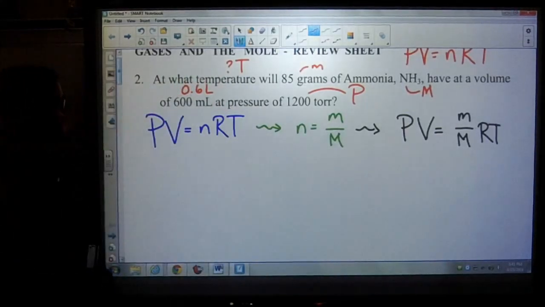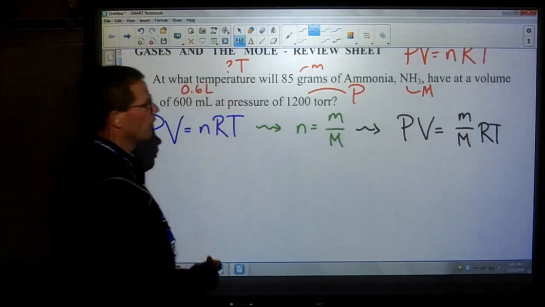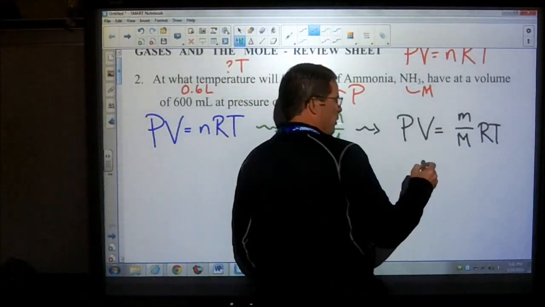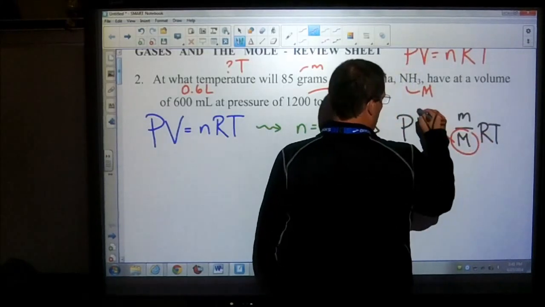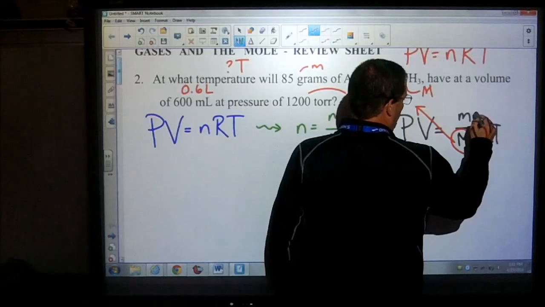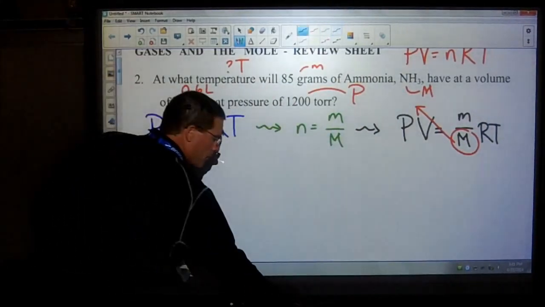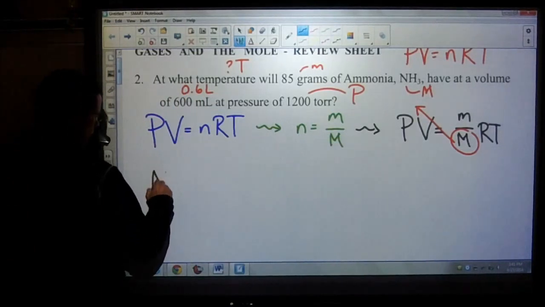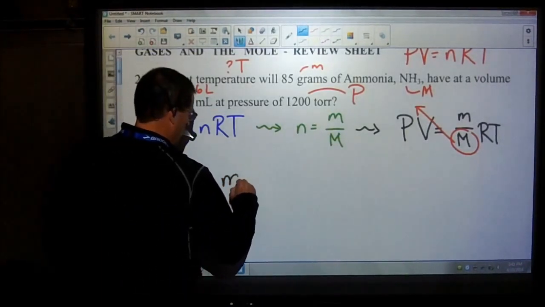So let's go ahead and rearrange the variables first before we do any of this. In this case, we're looking for the temperature. So I'm going to move my molar mass up, and let's rearrange and show where we're at. By doing that, we have MPV is equal to little m RT.